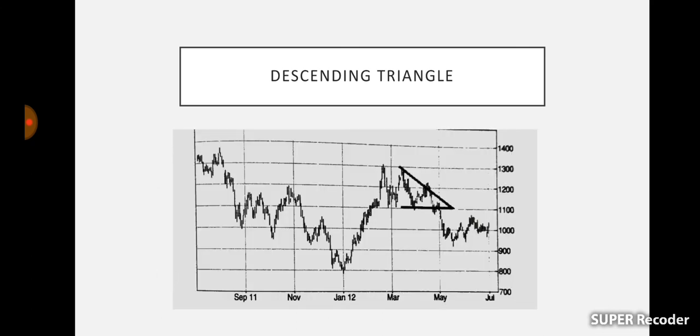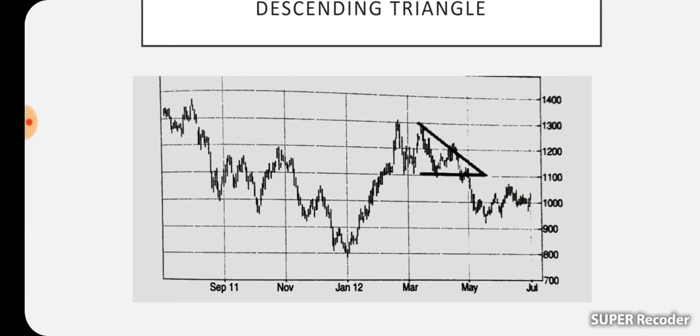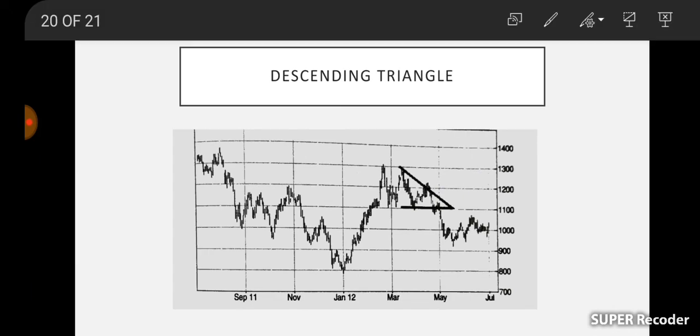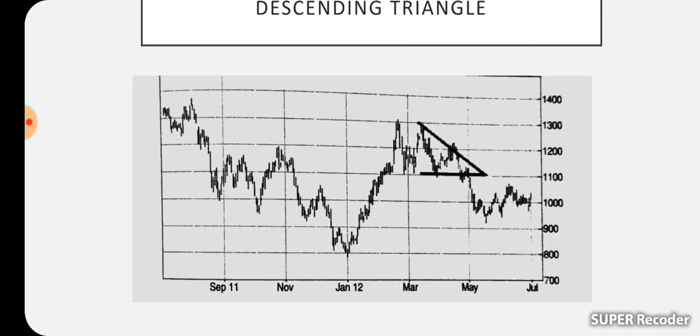The top part of the descending triangle is downward sloping, and the bottom part appears flat. Okay, the possibility of a downward breakout is high in the case of this pattern. Here you can see a breakout towards the downward side.